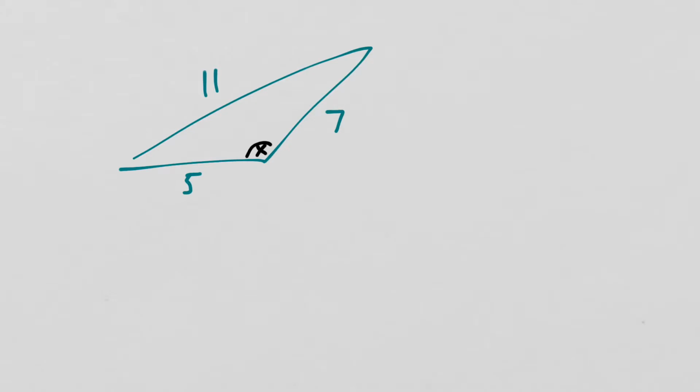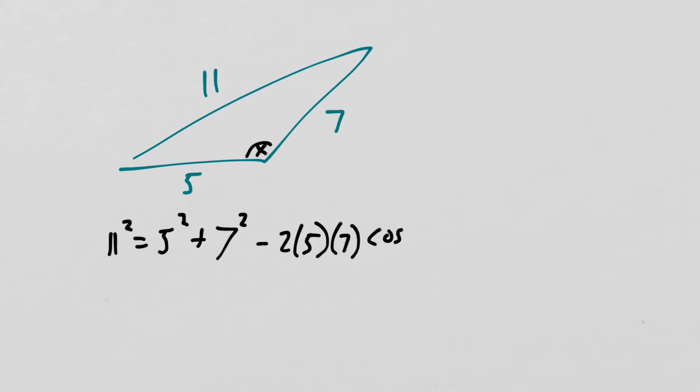But remember, law of cosines. The opposite side squared is equal to the adjacent two sides squared minus 2 times those adjacent sides times cosine of the angle opposite the side that we started with. Right, so again, we can subtract the 5 squared and subtract the 7 squared.